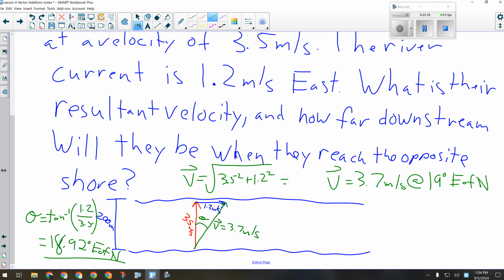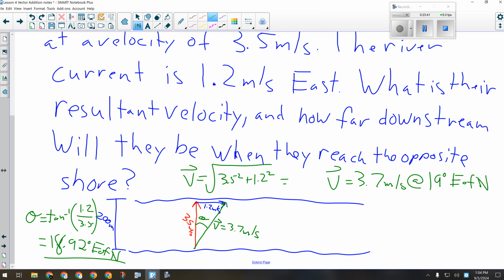If I want to calculate how long it takes me to get across the river, I have to use vectors that are across the river. I can't use a north vector with a 19 degrees east of north vector. They don't go the same way. I have to use vectors that point the same direction.